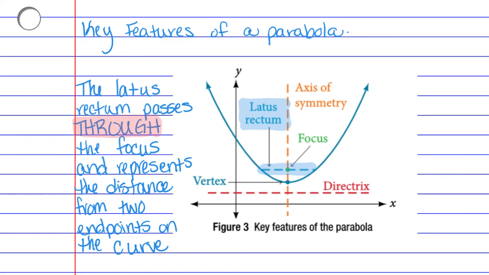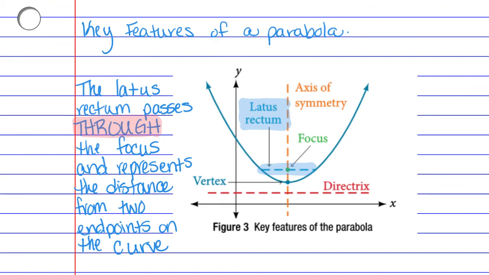The relationship between the focus and the vertex determines if it's going to be a wide parabola or a narrow parabola. The larger the latus rectum, the wider your parabola. The smaller your latus rectum, the narrower your parabola.